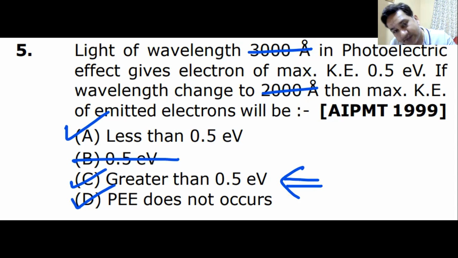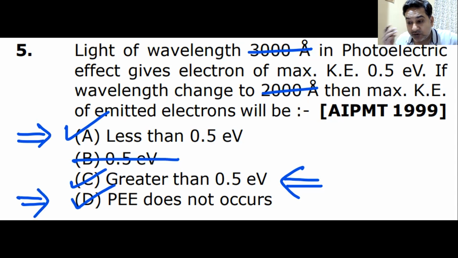Now, let us move on to the same question. This question is based on frequency, and the frequency has decreased. Now, what are the two options that are possible? Decreases, less than 0.5. Yeah, so it can be this option, but it can also be the other option because the frequency may have become lower than the threshold frequency.